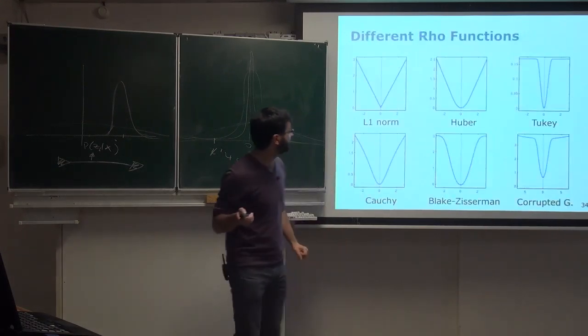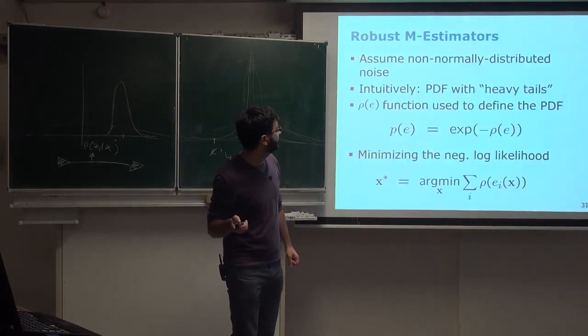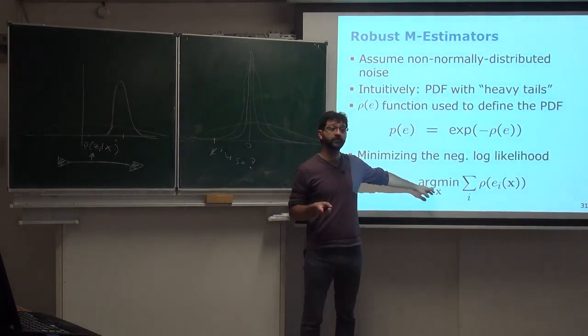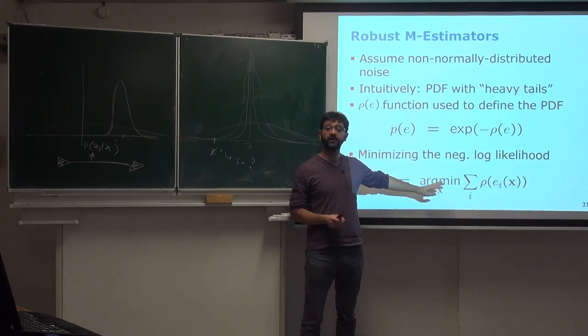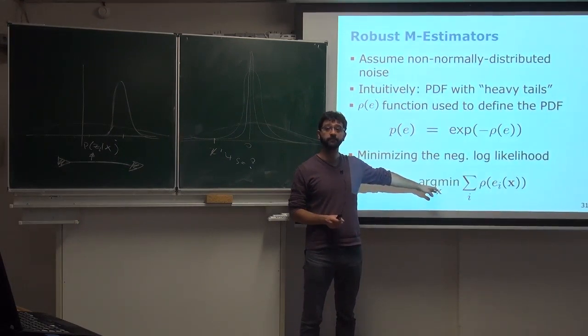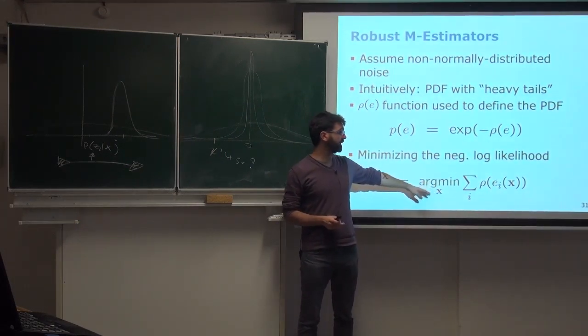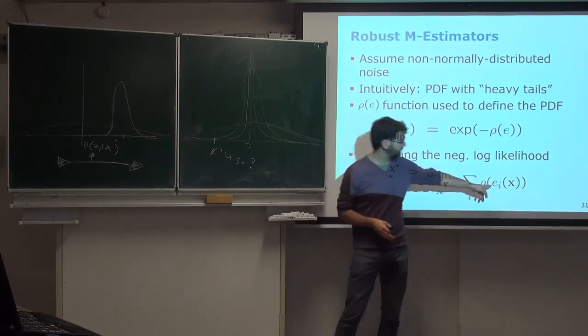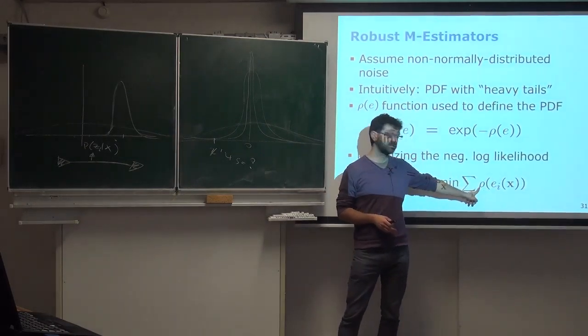So what you've seen here, we can just use a standard minimization algorithm that does a least squares when this rho is the square.